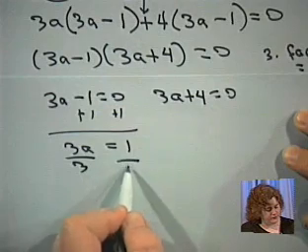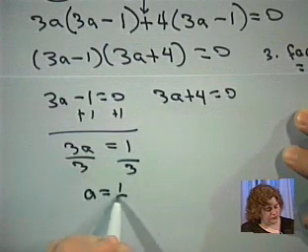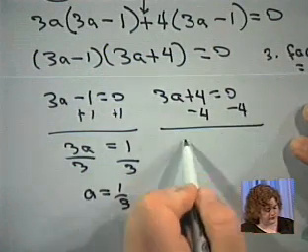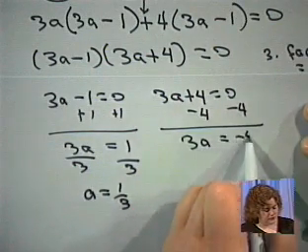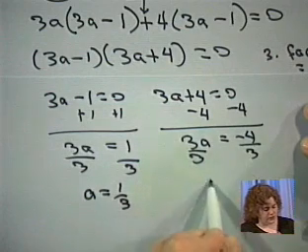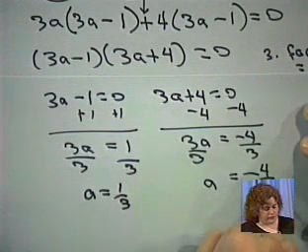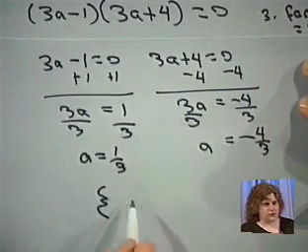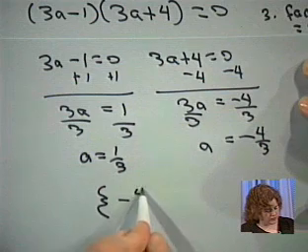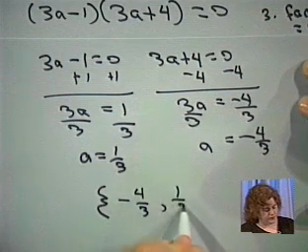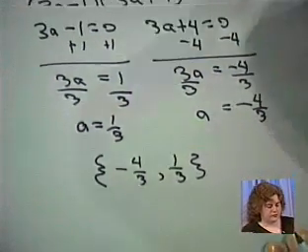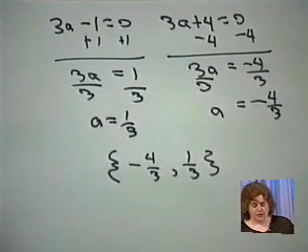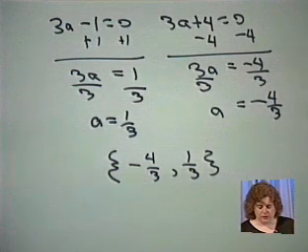Dividing by 3, a then is equal to 1/3 is one solution. The other solution, 3a is negative 4, divided by 3, a is negative 4/3. And so our solution set, and again you can check that in the original, is negative 4/3 and 1/3. Both of those satisfy the condition that when you substitute them in for a, your equation is equal to 0.